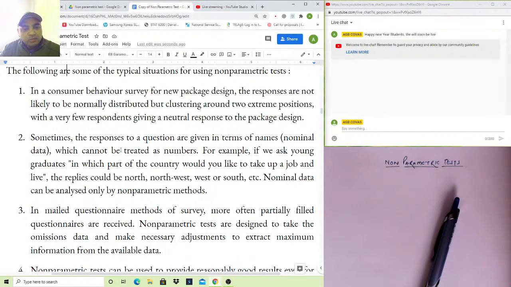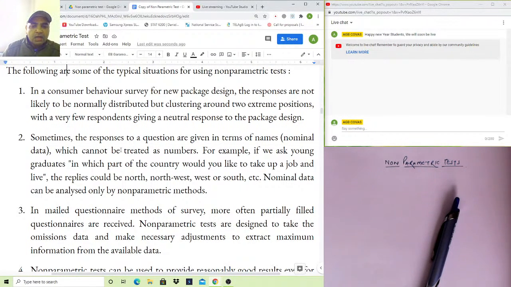Sometimes the responses to a question are given in terms of names. That is nominal data, which cannot be treated as numbers. For example, if we ask young graduates in which part of the country they would like to take up a job and live, their reply will not be 10 or 12 or 15. It will rather be that they would love to work in the north, northwest, west or south, or a particular city, the name of that city.